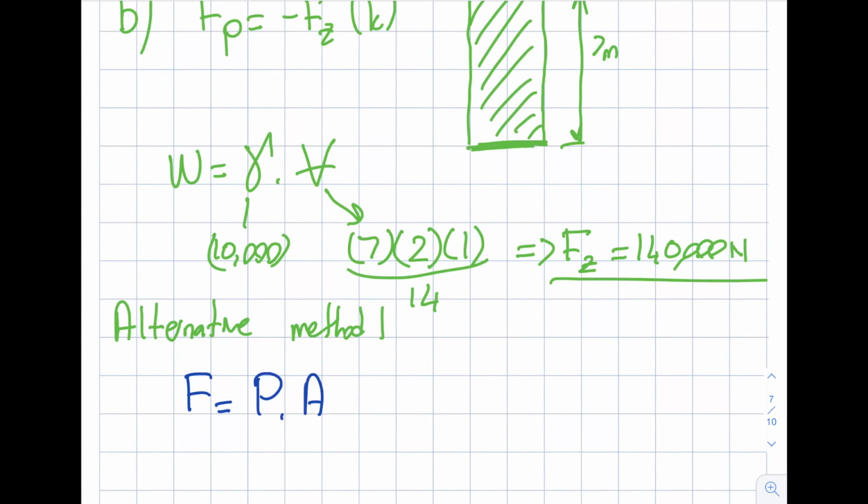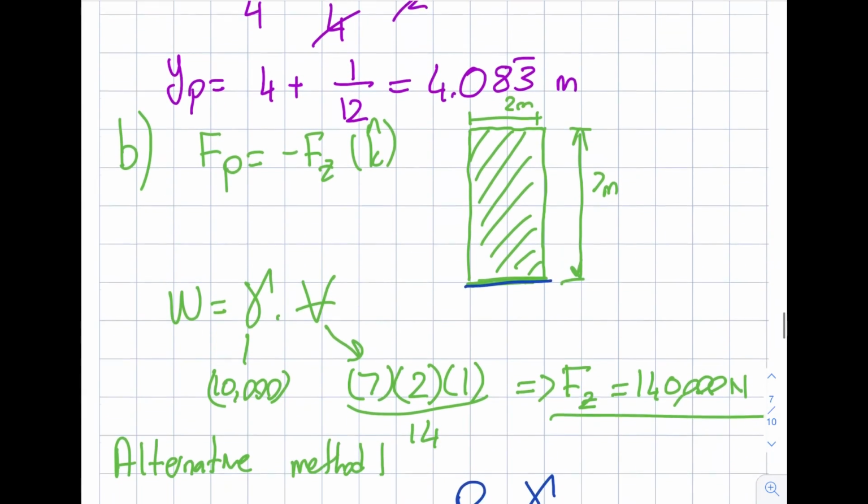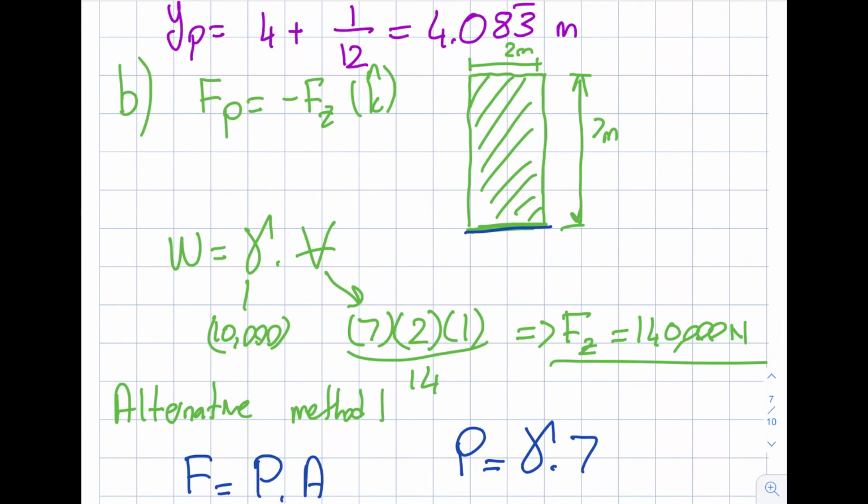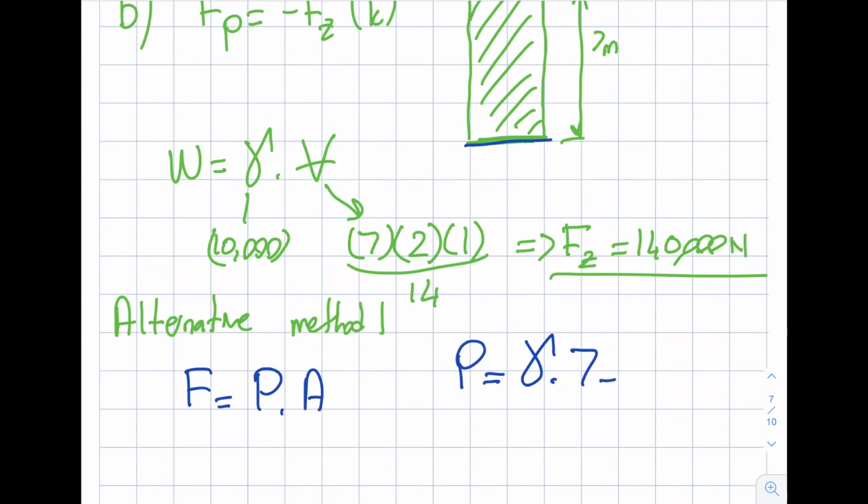P is constant, so P is at that level. So now let's calculate P. P will be equal to specific weight times the distance that I travel down, in this case 7, right? So it becomes 7 times the specific weight, so my pressure is 70,000 pascals. So now I'm going to insert in here 7 times 10,000 times area.